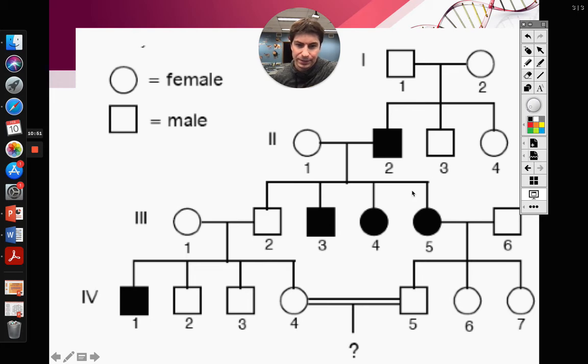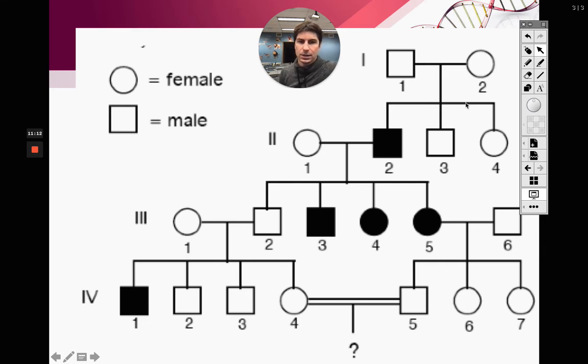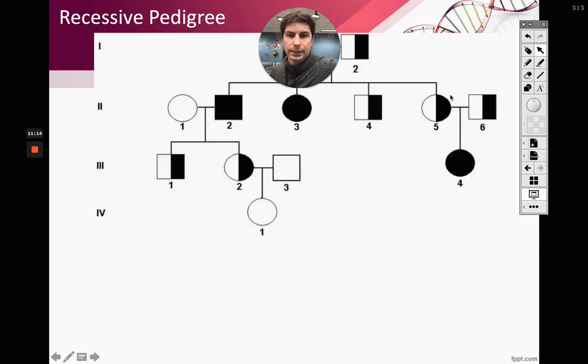Now, there's no parents here where both of them are filled in, but if you look here, number 1 in generation 2, that would have to be big R, little r. Number 2 would have to be little r, and that will allow some of these kids to have that little r genotype. All right. So that's what a recessive one looks like.